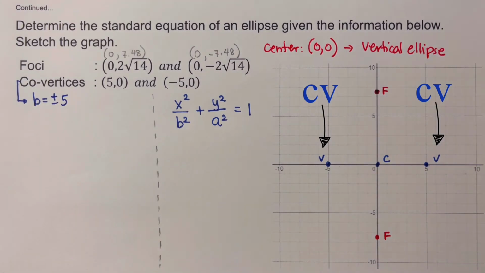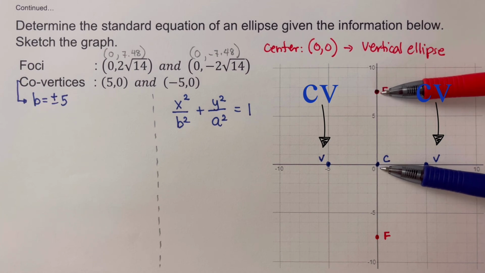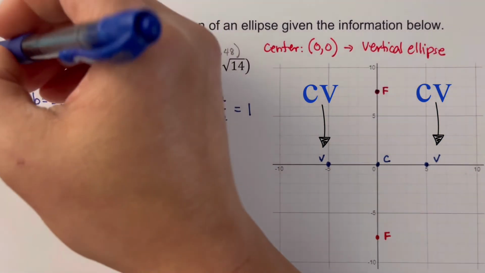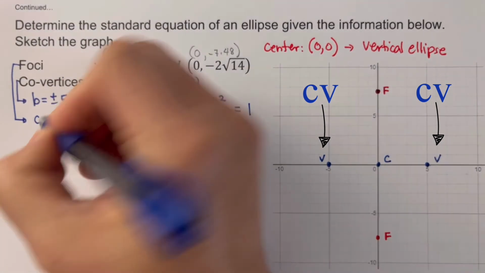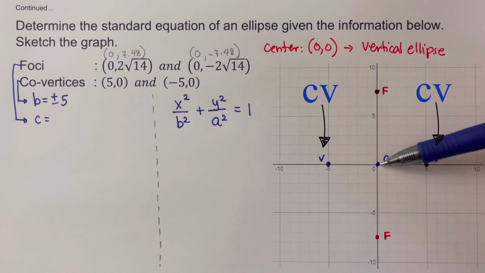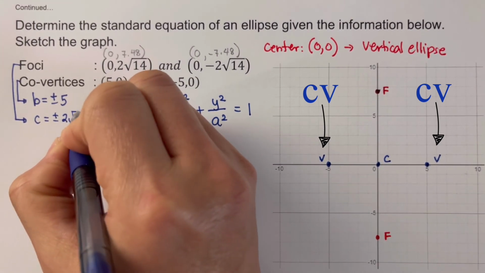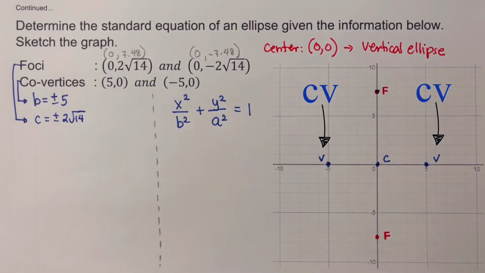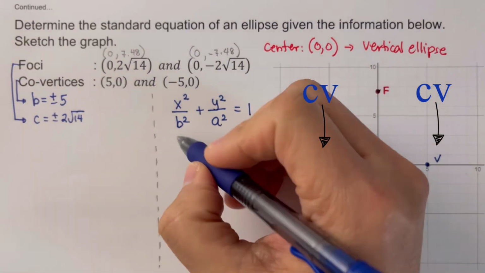Now, this distance from the center to the focus is represented as letter C. So the distance from the center to the focus, in this case right here, if we say that the coordinate for this is 0, 2 square root of 14, if we use the distance formula, we can say that our C is plus minus 2 square root of 14. So we can go ahead and plug in the value for B down here. So the equation would come out.